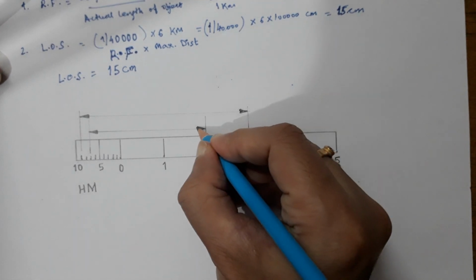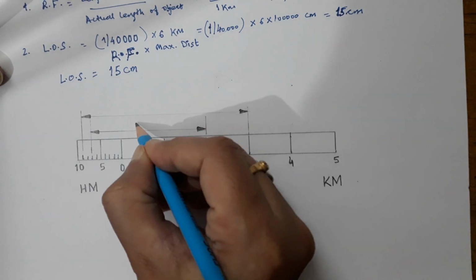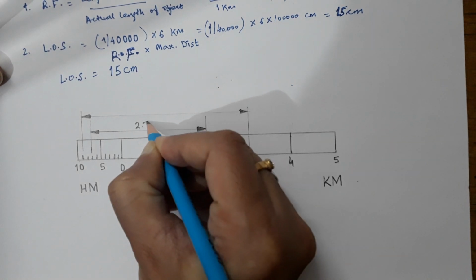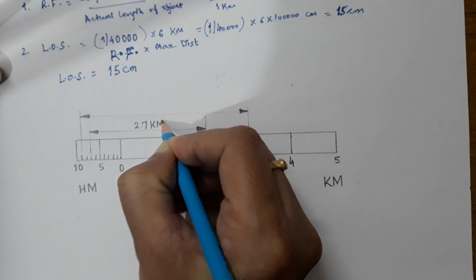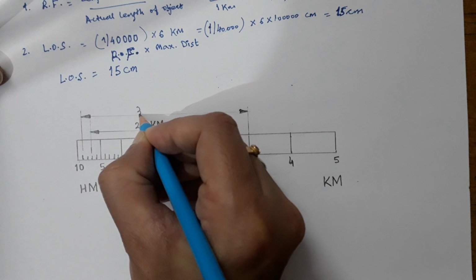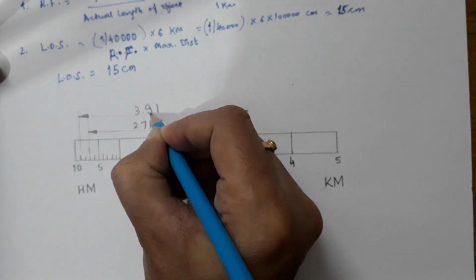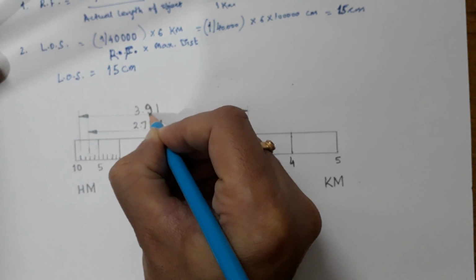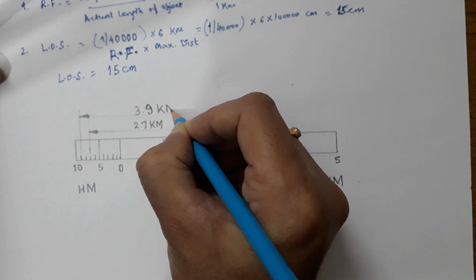These are the arrowheads. Now you can write 2.7 kilometers or 3.9 kilometers, written as per the standard alphabets.